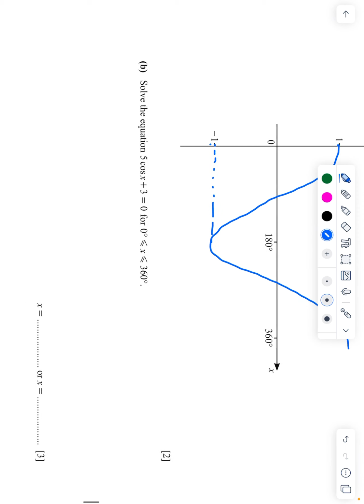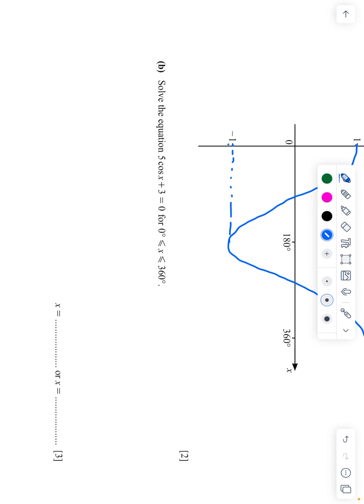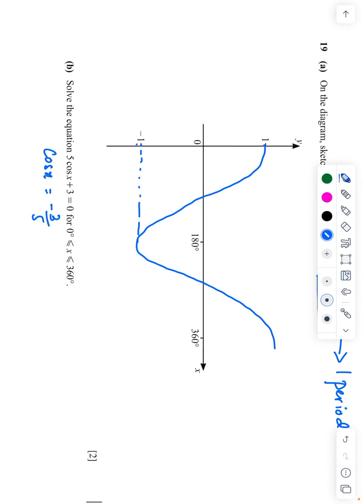Then solve the equation 5 cos x plus 3 equal to 0. So first I'm going to isolate the cos x. So cos x equal to -3 over 5. Let's use the graph. -3 over 5 is somewhere, let's say it's somewhere here.